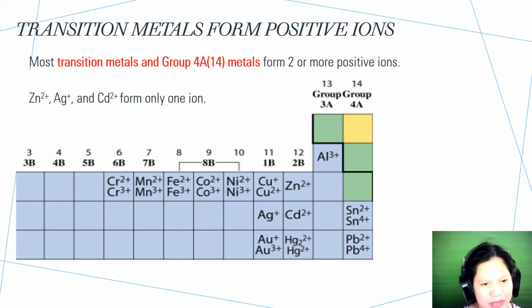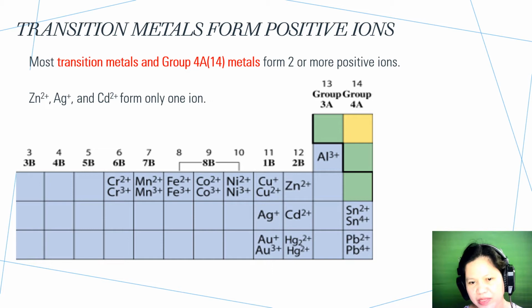Starting with group 6B, chromium has 2 charges, either positive 2 or positive 3. Manganese, positive 2 and positive 3. Iron, positive 2 and positive 3. Same with cobalt and nickel. Then you have copper 1 and copper 2. You have zinc, positive 2 charge.